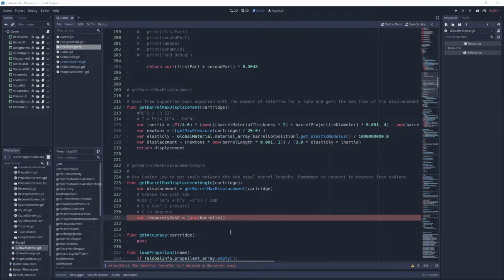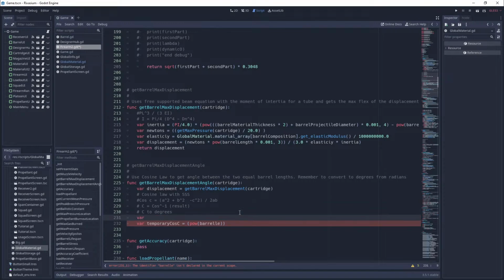I don't really remember what the theory for it is. I think just for simplicity of my sanity, side length, barrel length times 0.001, side lengths 2.